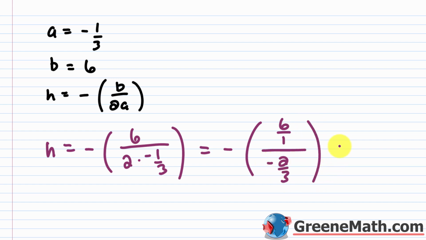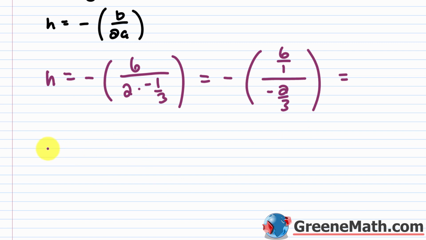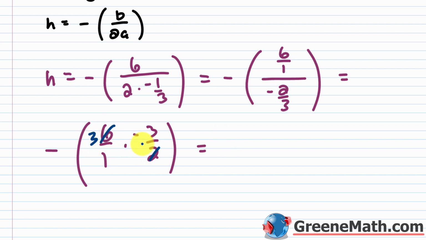Let's close this down. So you're going to have the negative of 6 over 1 times the reciprocal of this, which is -3/2. So this would be equal to, if you think about this, the 6 would cancel with the 2 and give me a 3. 3 times -3 is -9. So this is the negative of -9, which equals 9. So your h here is going to be 9.